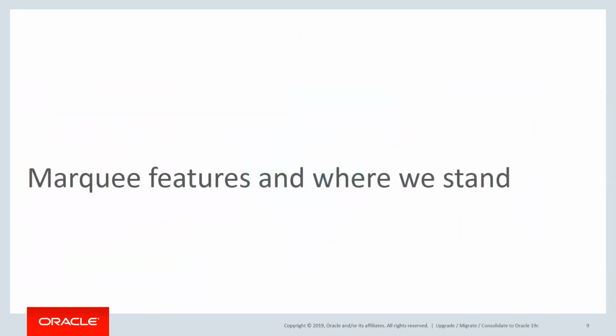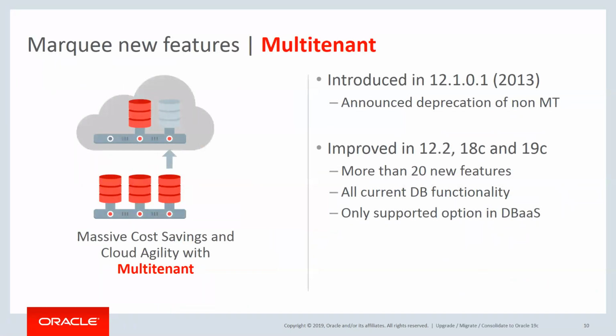So Marquee features, what did we introduce and where do we stand? Well, one of the Marquee new features introduced in 12.1 was the multi-tenant option, where we basically separated the part of the database that is executing functions from the part of the database that's storing the data. We needed this because everybody knows that if you have an Oracle database and you want to, for example, upgrade it, you need to move the data around to the new version if you want to migrate it to a new system.